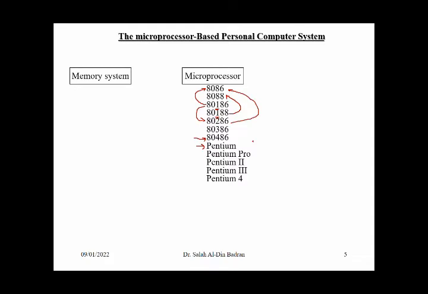Along with the microprocessor comes another chip, which is the memory system. The memory system includes RAM, such as dynamic RAM or DRAM, static RAM, cache, read-only memory or ROM, flash memory, EEPROM, SDRAM, RAMBUS.